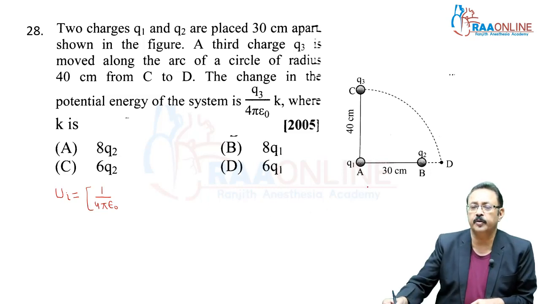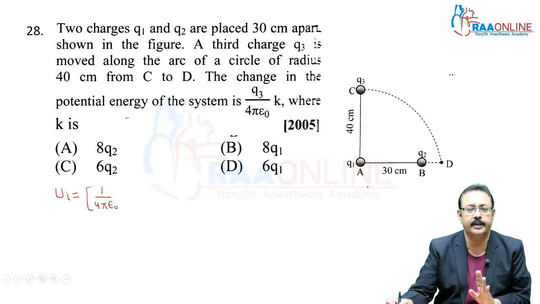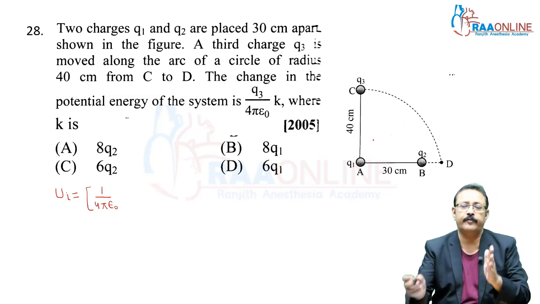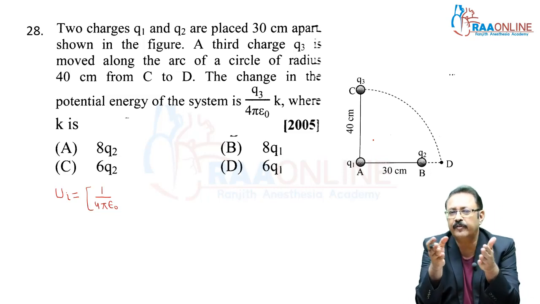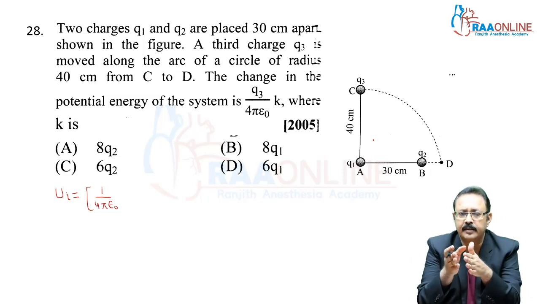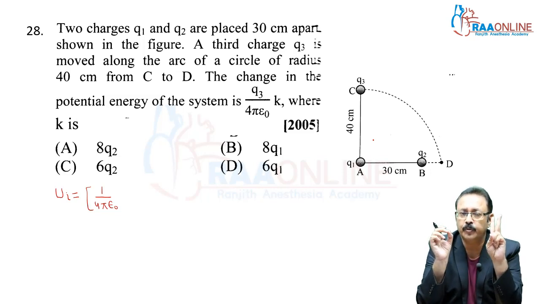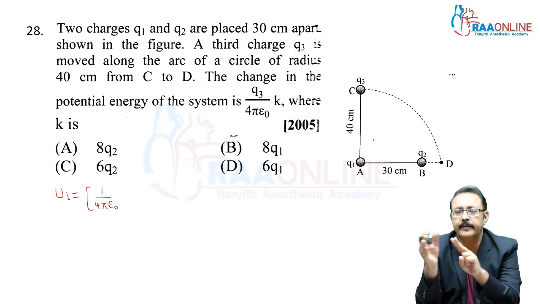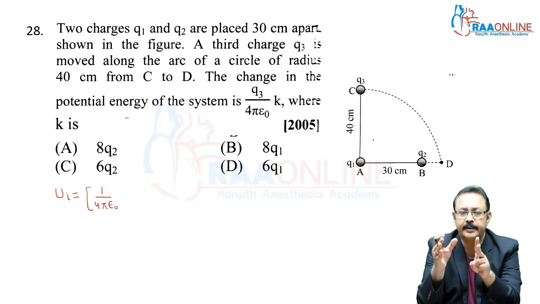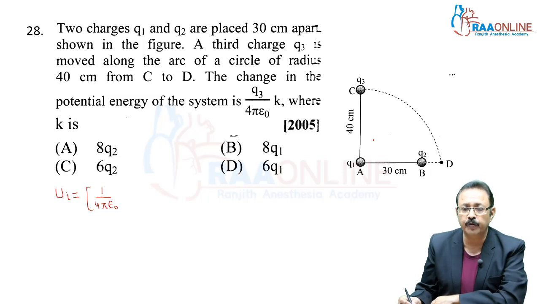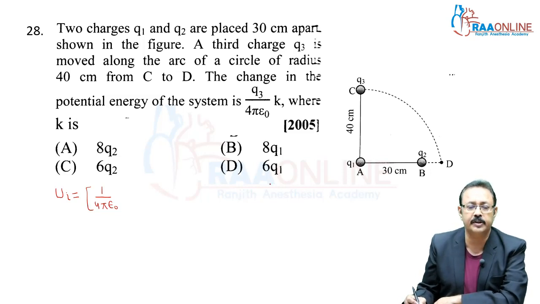Since only the position of Q3 is changed, Q1 Q2 is the same, so it will be cancelled out. We are going to take the difference, so we will calculate only the potential energy of the two systems of charges, Q1, Q3 and Q2, Q3. We will not add Q1, Q2 because in both cases it is the same and we want to take the difference.